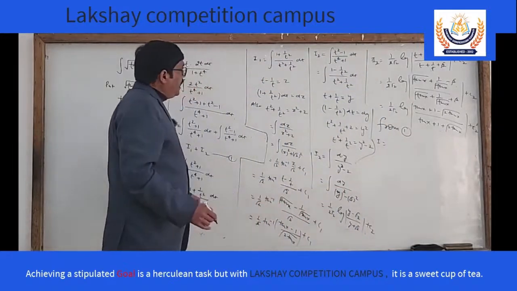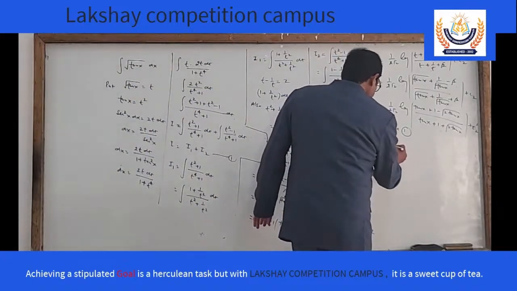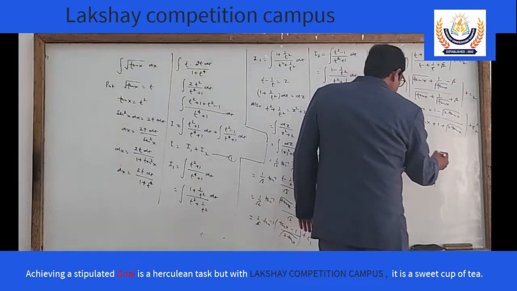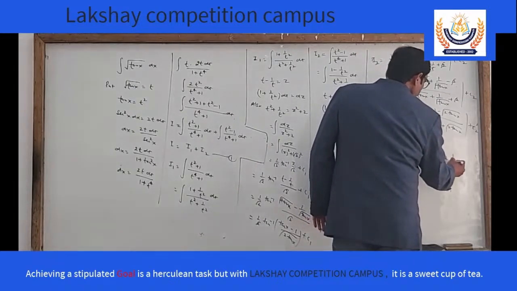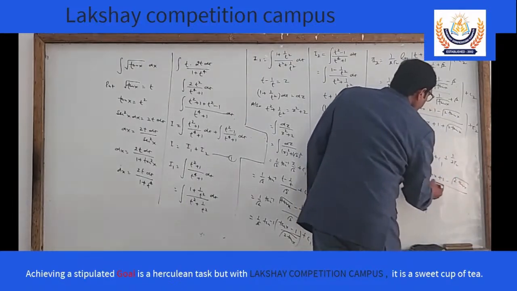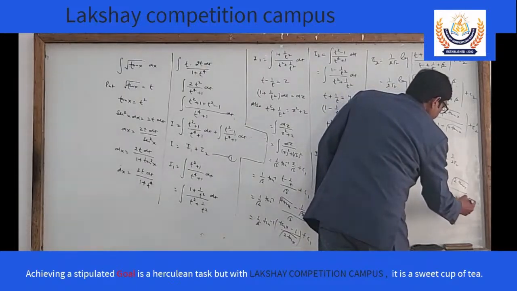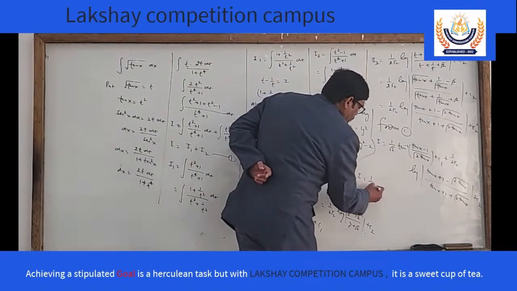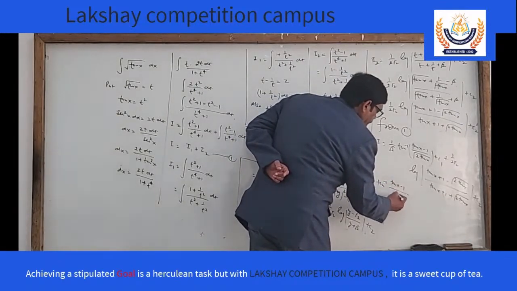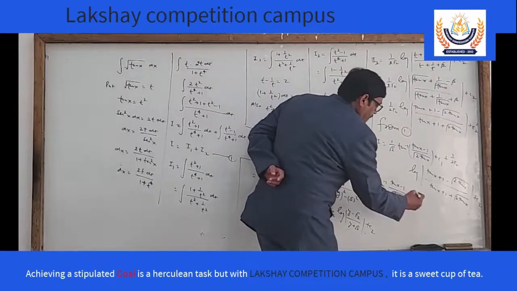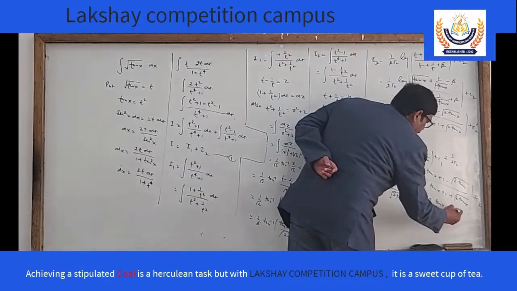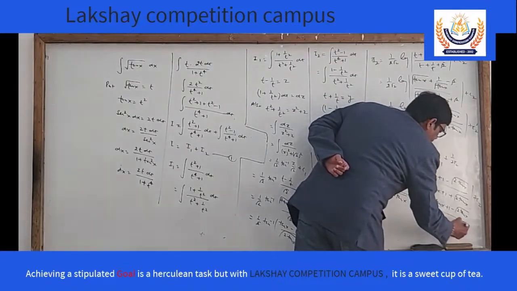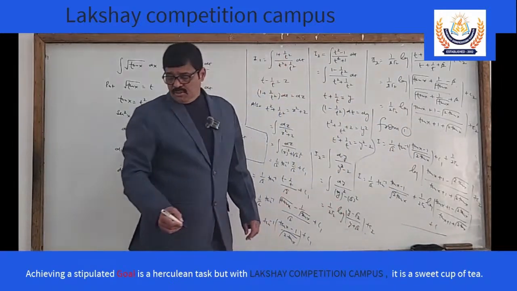I1 is 1 by root 2 tan inverse of (root tan x minus 1 upon root tan x) by root 2 plus C1, and I2 is 1 by 2 root 2 log of (tan x plus 1 minus root 2 root tan x) upon (tan x plus 1 plus root 2 root tan x) plus C2. The two constants C1 and C2 become one constant. So this is the solution of this problem, students.